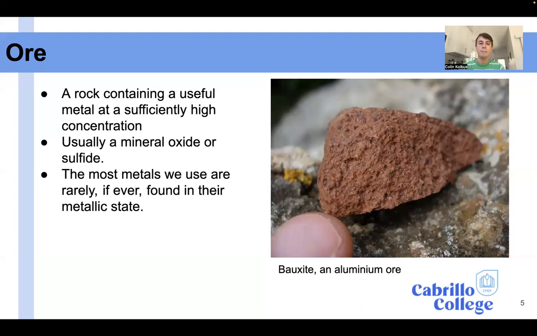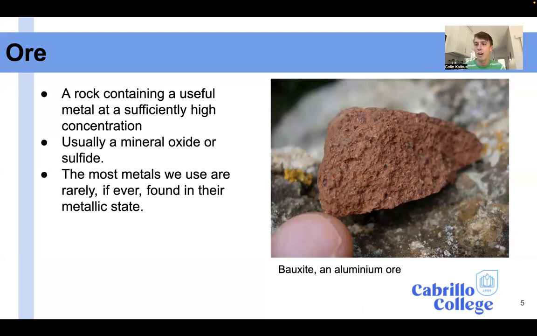And so these are the types of minerals that we mainly use for ores because they have extremely high concentrations of that metal in them. It's usually just the metal and oxygen or the metal and the sulfur atom in that molecule. Most metals, like I said, are rarely, if ever, found in their metallic state.